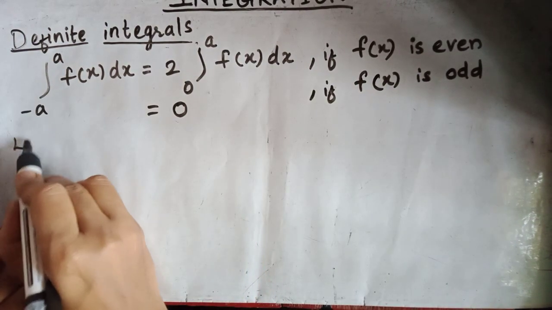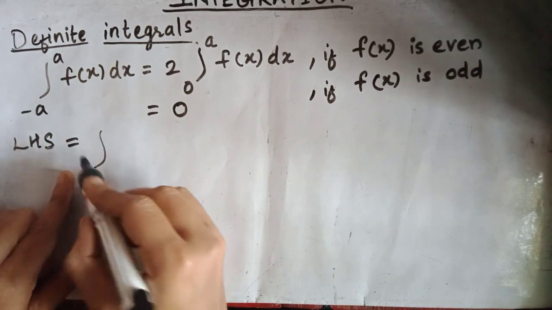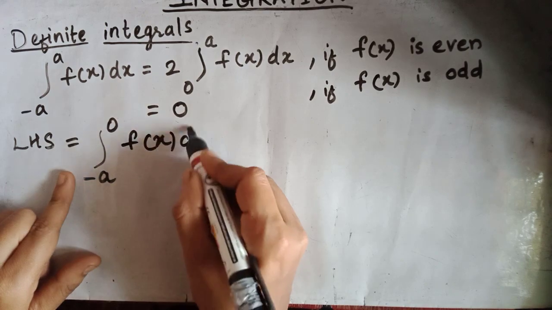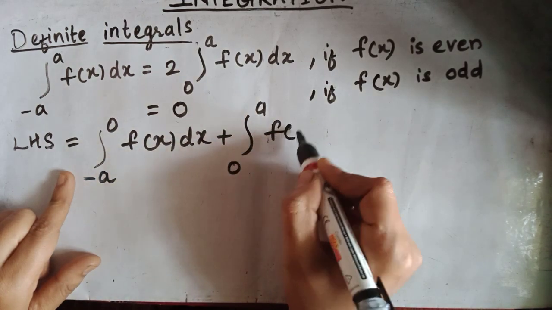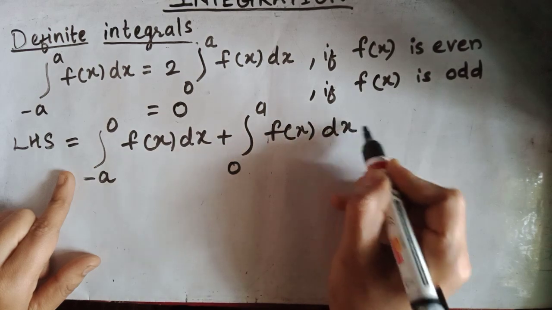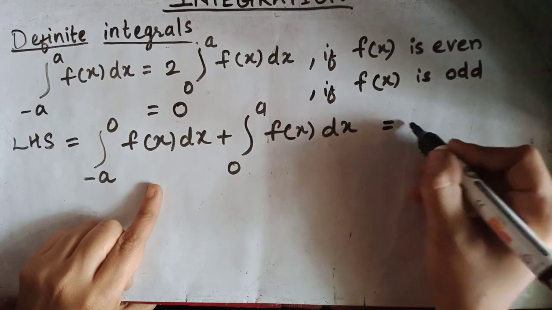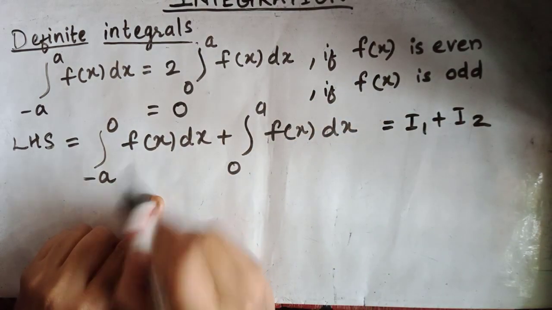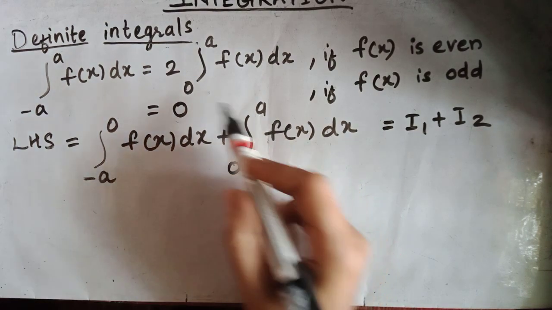So take LHS so that you can split. Okay, split the limit. So integral minus a to 0 f(x) dx plus 0 to a f(x) dx. Okay, now you can write this as I1 plus I2. So let's solve I1, because I2 is already of the form 0 to a.